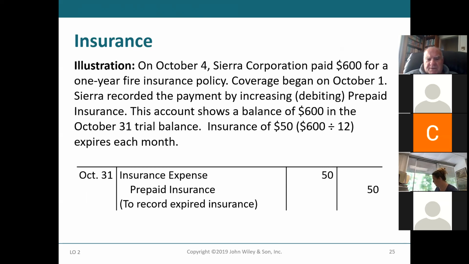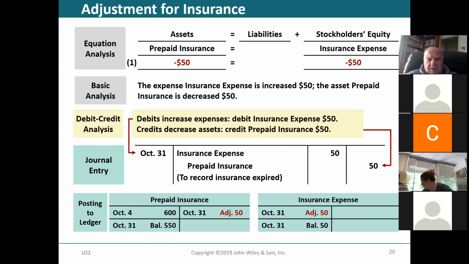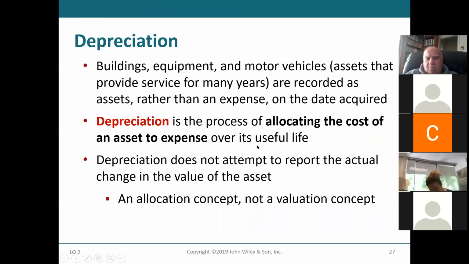So that's an expense. They debit the expense and credit the prepaid. And again, let's take a look at the journal entry here. You debit insurance expense for $50 and you credit the asset. Look at the T accounts. You debit insurance expense for $50 and you credit prepaid insurance, okay?